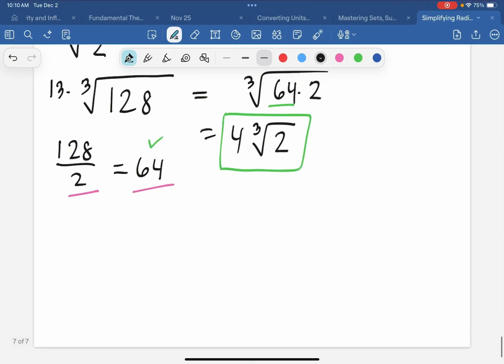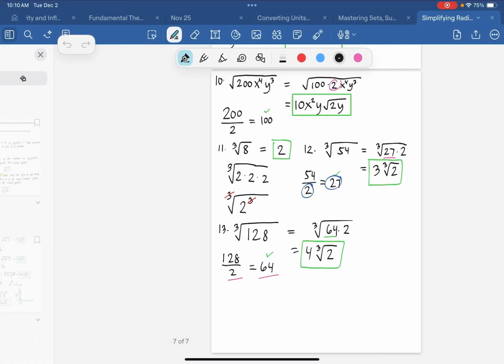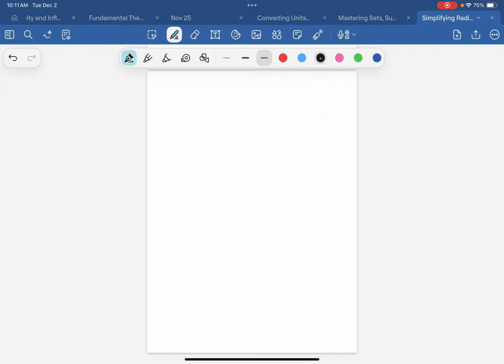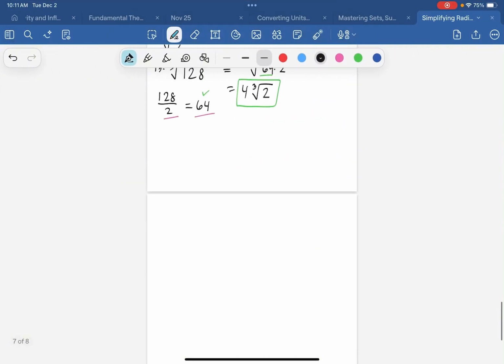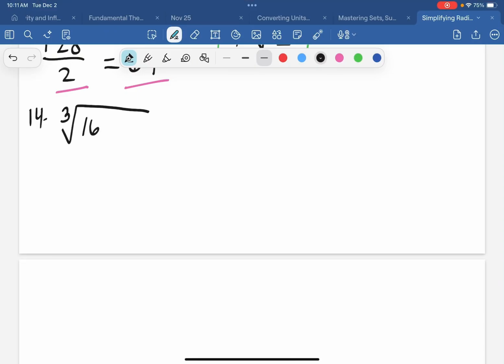Okay, next example. So let's have here cube root of 16x cubed.